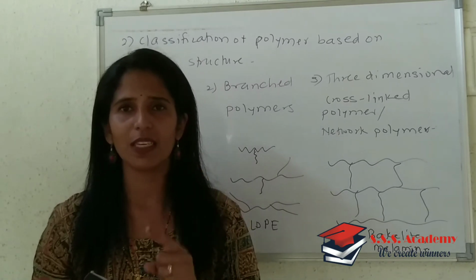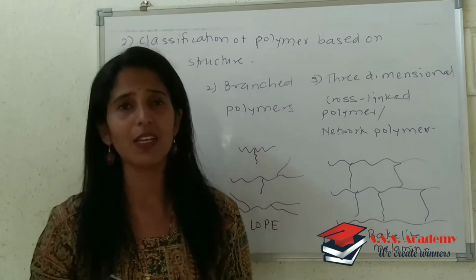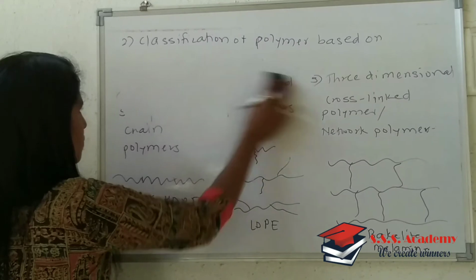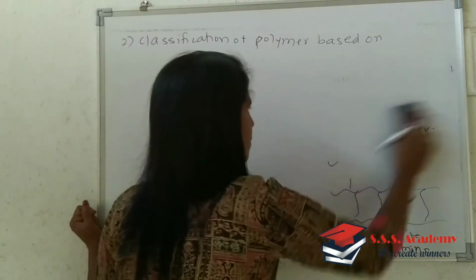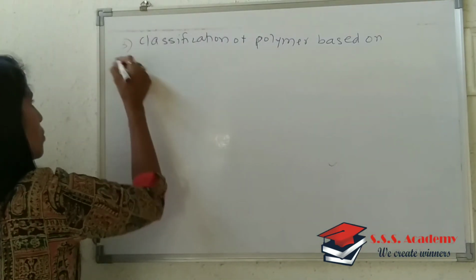So now we will see the third type or classification basis, and that refers to classification of polymers based on the way of polymerization reaction. So this is the third basis.